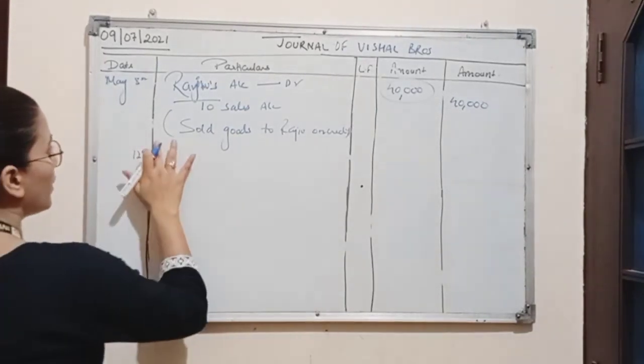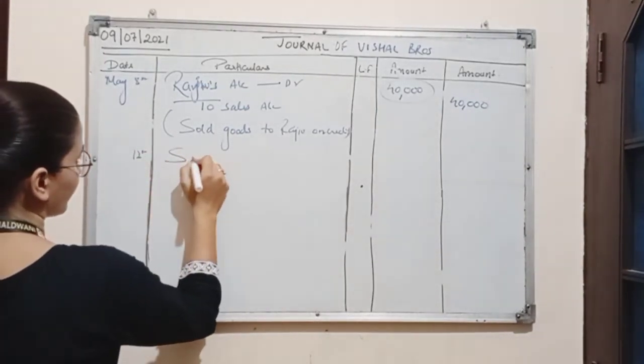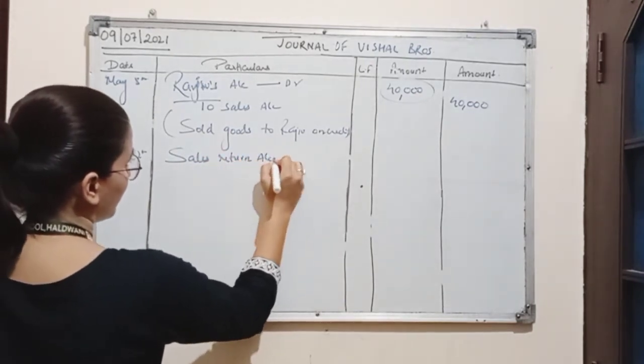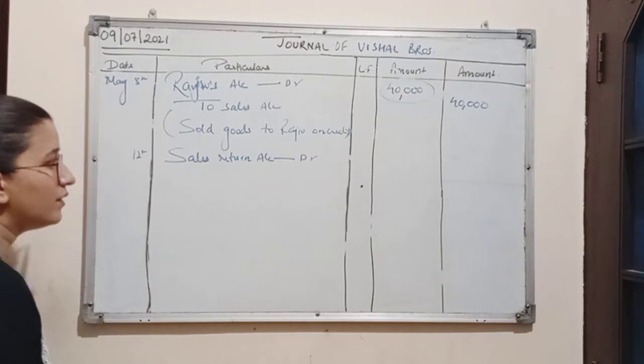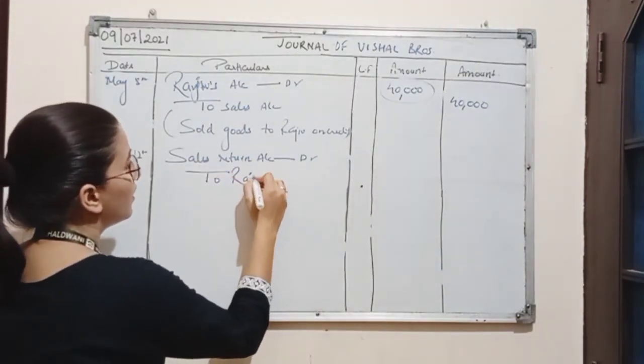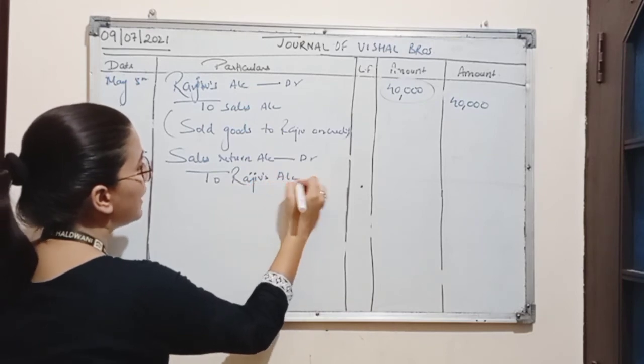So here we will debit sales return account and Rajiv's account will be credited.